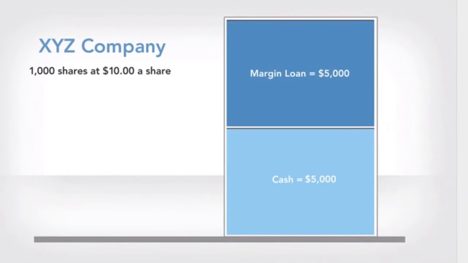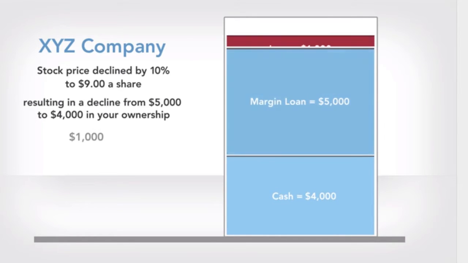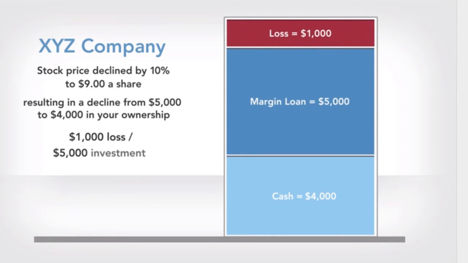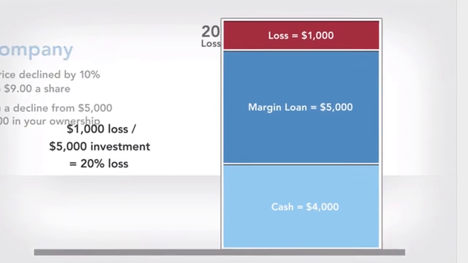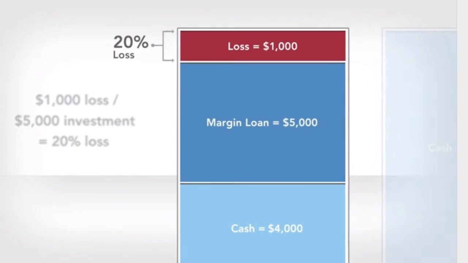What happens if the stock goes down? This is fairly important, because just like there's a 20% increase that you got there versus 10% if you just put down a full $10,000, if it goes down $1, then it's a 20% decrease.